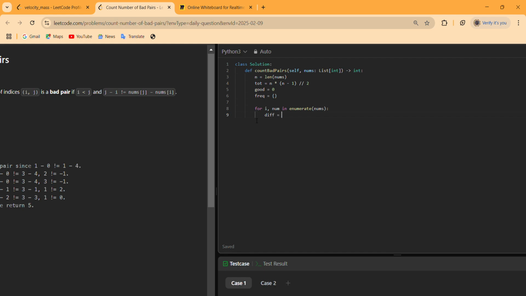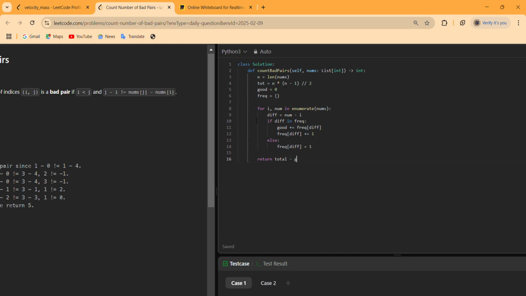Check what the possible difference is and check if this difference is present in the frequency map. If it is, let us update our good pairs, and update the frequency of the difference from its previous value plus 1, and if not, let us initialize the frequency of the difference in the map.